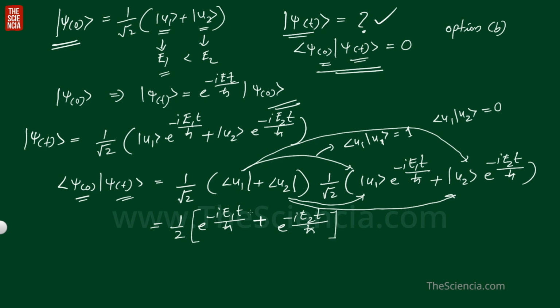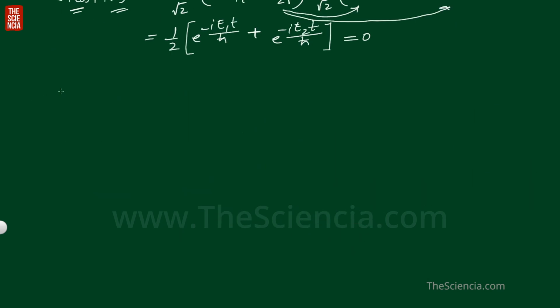And the question is to find this t value when they are orthogonal, that is, when this is equal to 0. That is, we get e raised to minus i E1 t by h cross plus e raised to minus i E2 t by h cross is equal to 0. Now I am doing some mathematical manipulations, taking this term to the RHS.